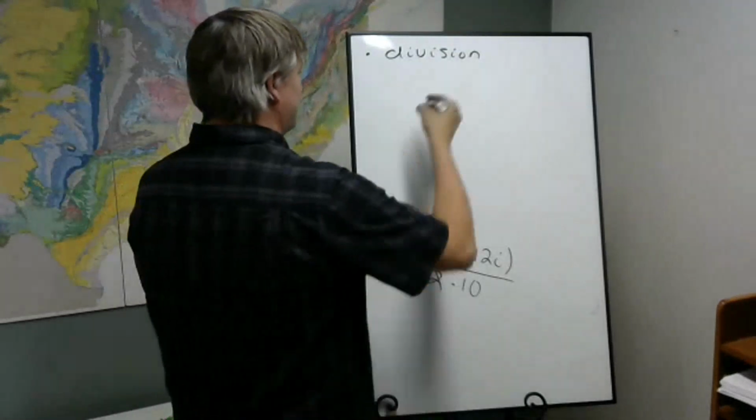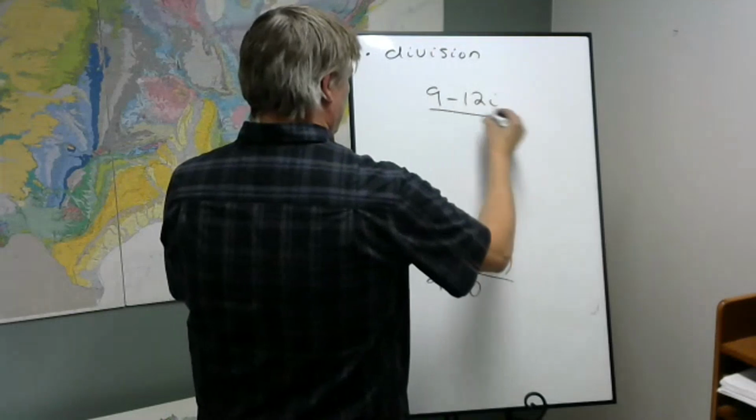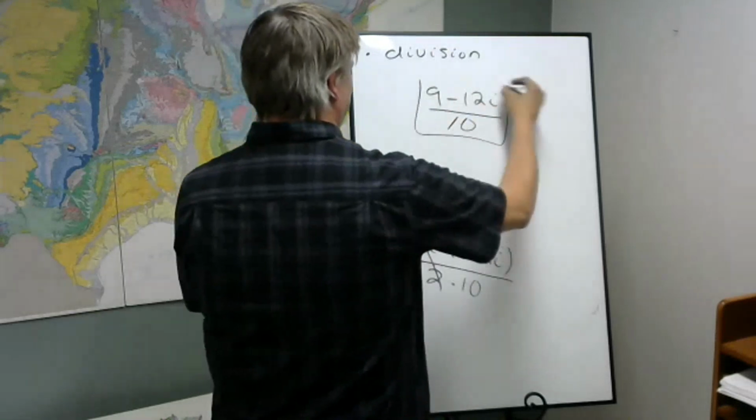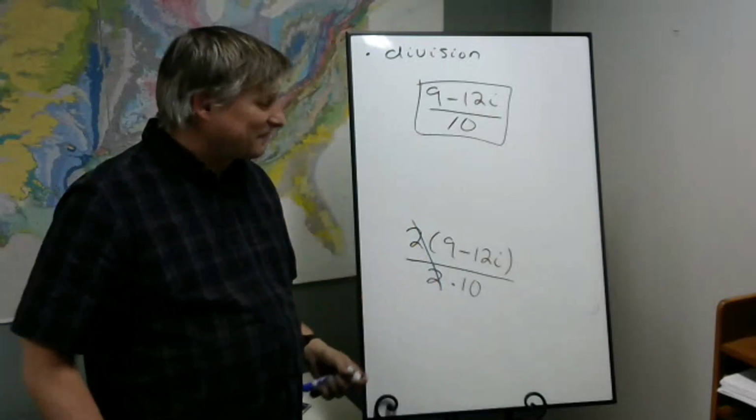And so we get 9 minus 12i over 10. And that's going to be our answer.